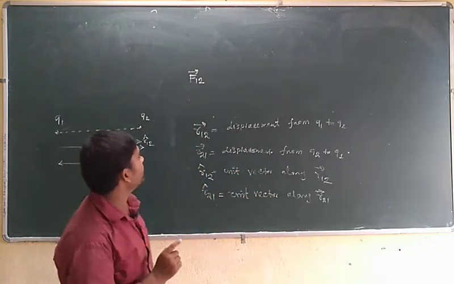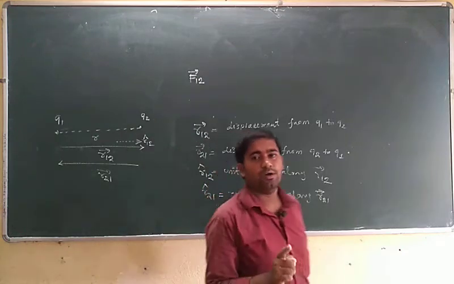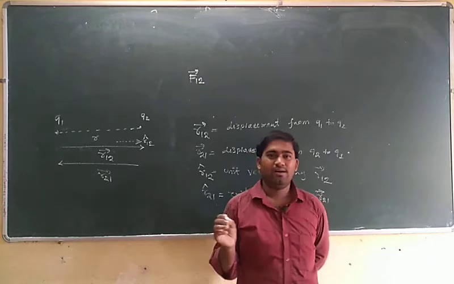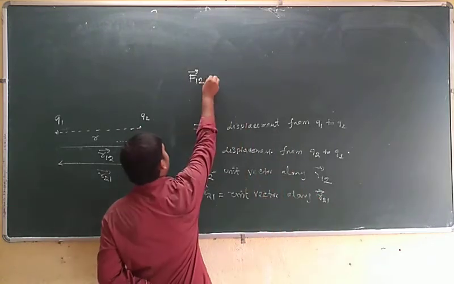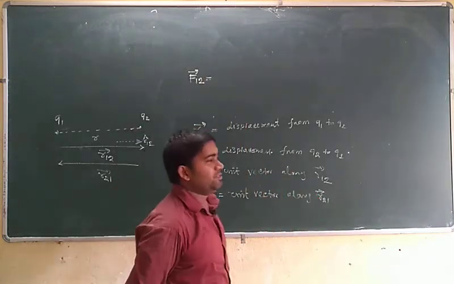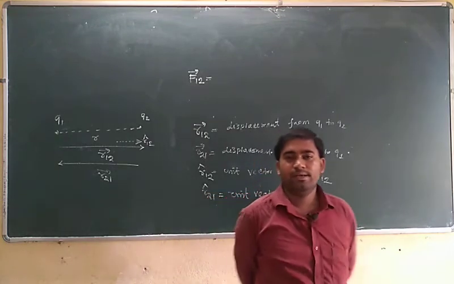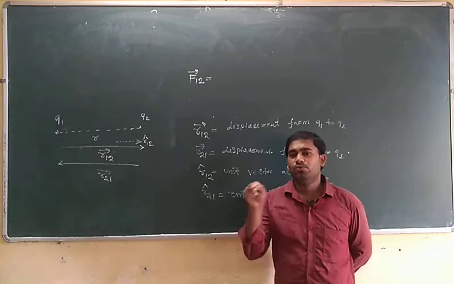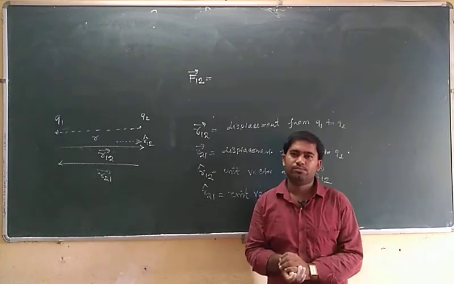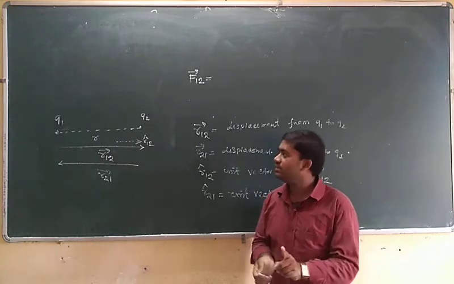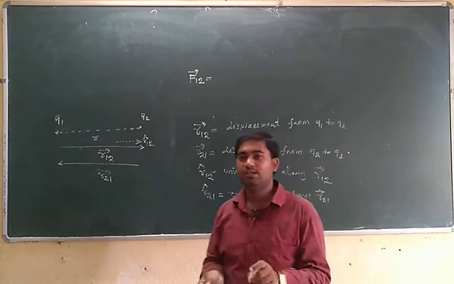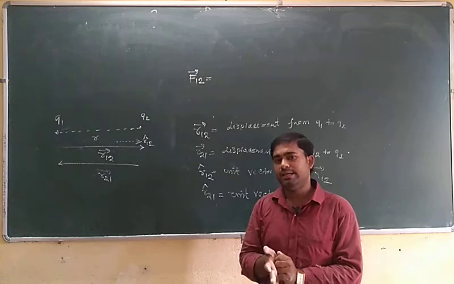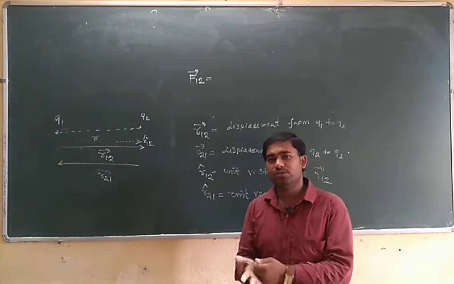When we write force F12 vector, the first index represents the charge on which the force acts, and the second index is the charge which causes the effect.